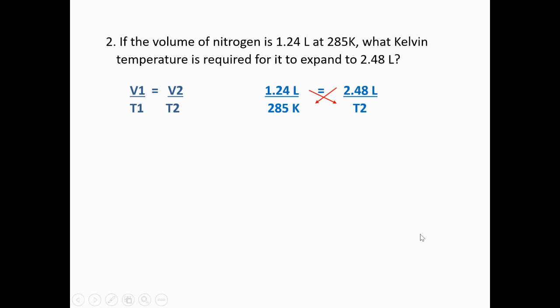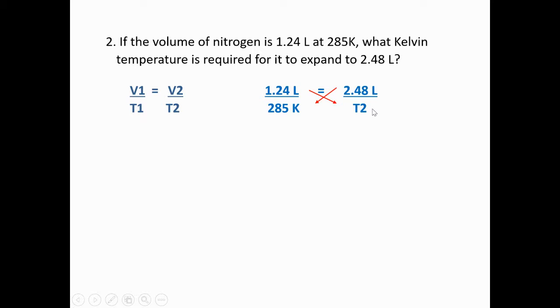In the next case, I have a 1.24 liter volume of nitrogen at 285 Kelvin. What Kelvin temperature is required for it to expand to 2.48 liters? So my initial volume over my initial temperature, my new volume over T2.